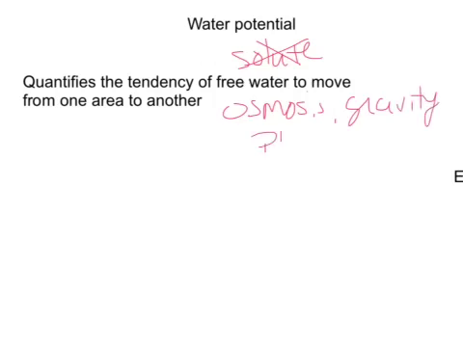Mechanical pressure, essentially pushing down, or tension pulling. So any of those things could encourage the water to move from one area to another. And so water potential is going to predict which way the water will move.